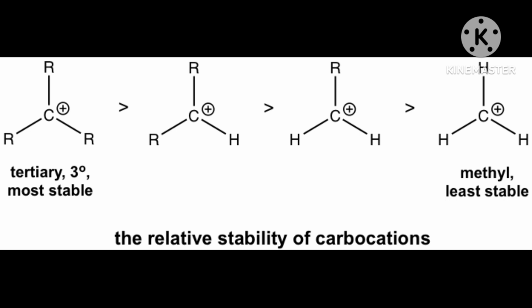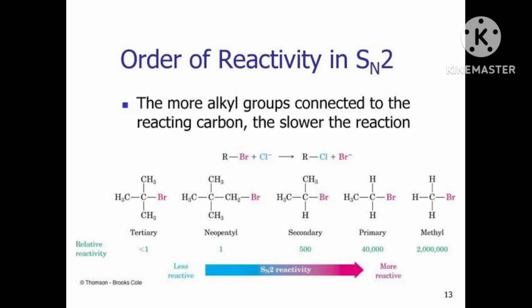Of the 2 primary halides, the carbocation intermediate derived from (CH3)2CHCH2Br is more stable than that derived from CH3CH2Br because of the greater electron-donating inductive effect of the (CH3)2CH group.